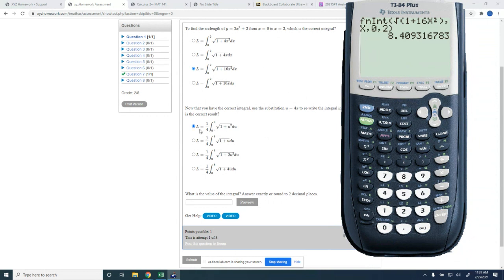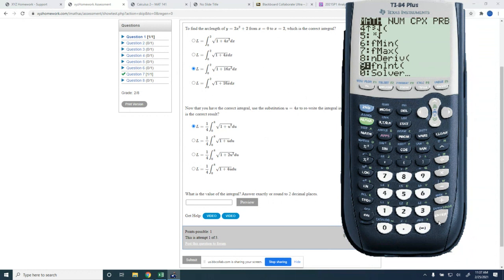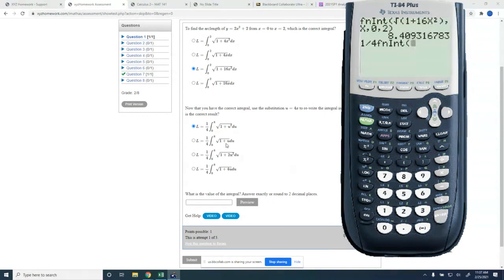I'm also going to evaluate this integral. I'm going to put this in as 1/4, I'll just kind of put it in as I see it, times the integral, the square root of 1 plus x squared.